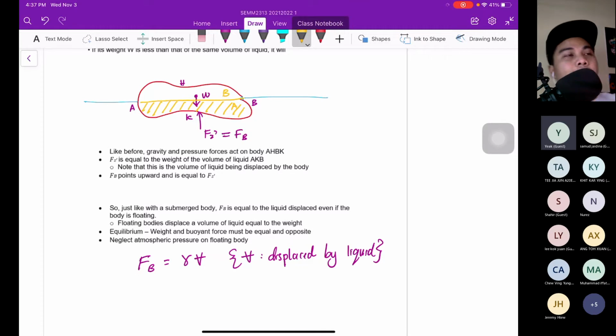The part that is being displaced, supposedly it is nothing, zero. When you submerge an object, it displaces the liquid. Which portion, AHB or AKB? Class, any idea? AKB. Okay.